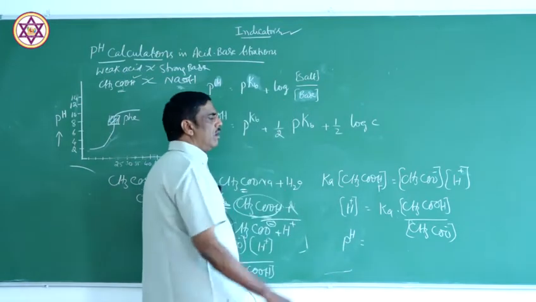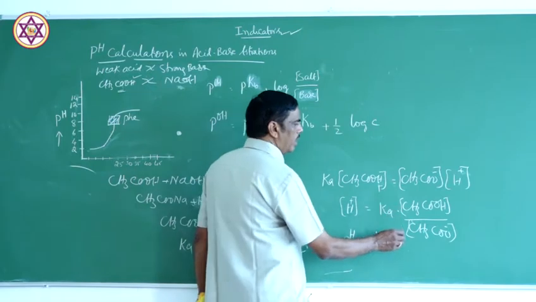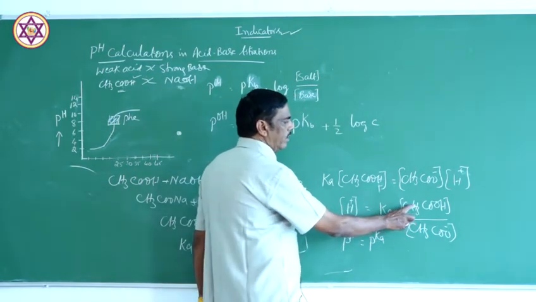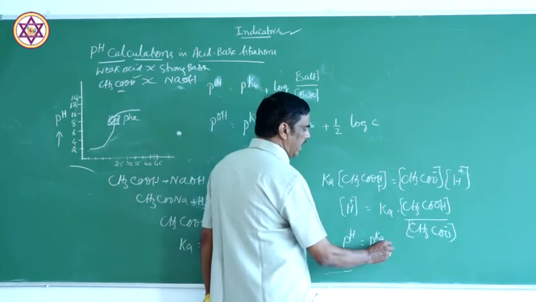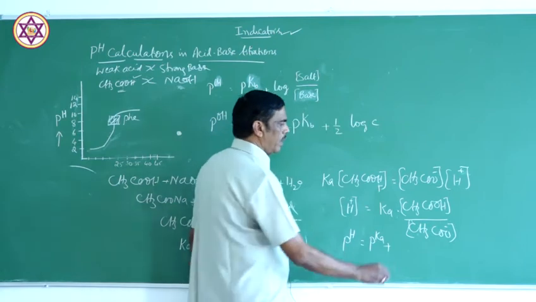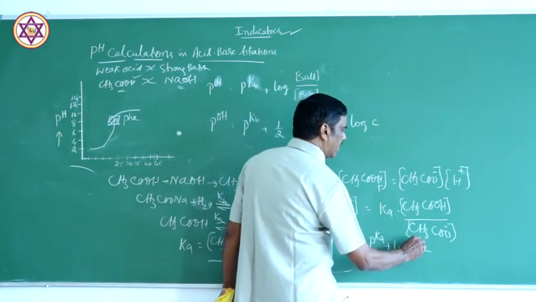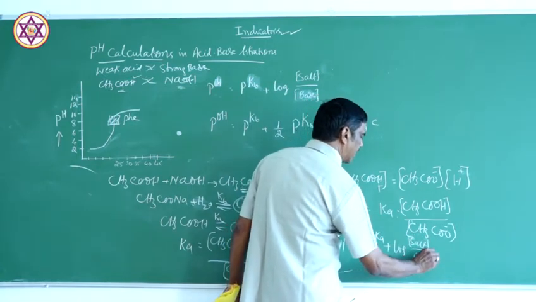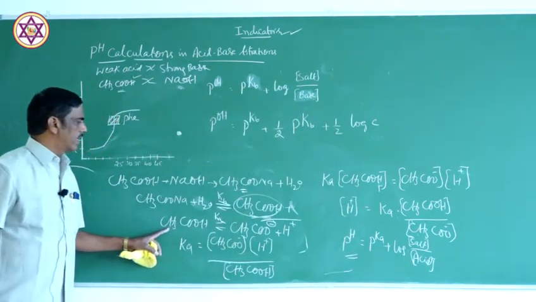That is equal to negative logarithm of Ka, which is pKa, and this becomes minus log of acid by salt. If you make it plus, it becomes log of salt concentration by acid concentration. Thus, pH can be determined for this reaction.